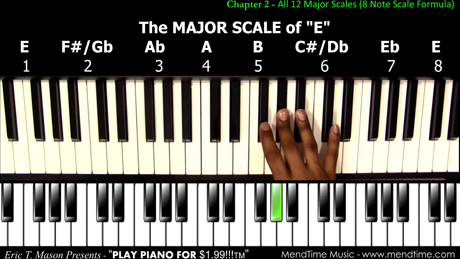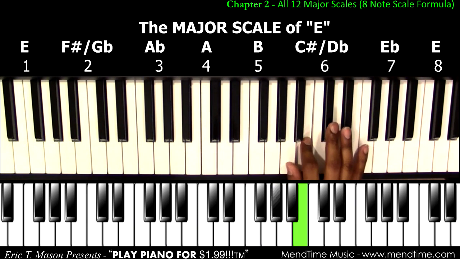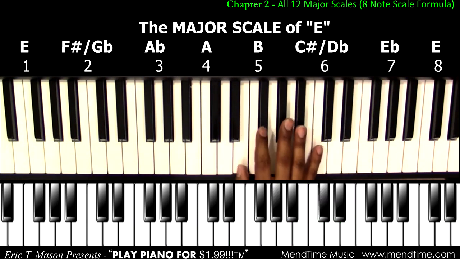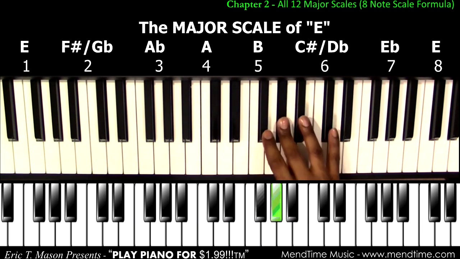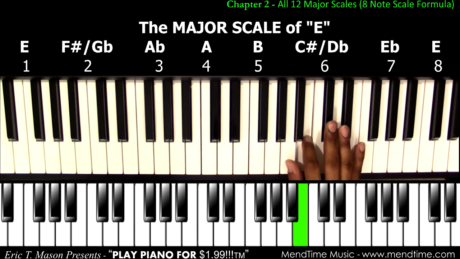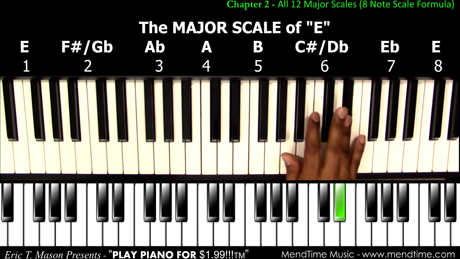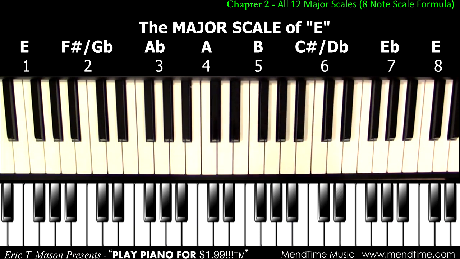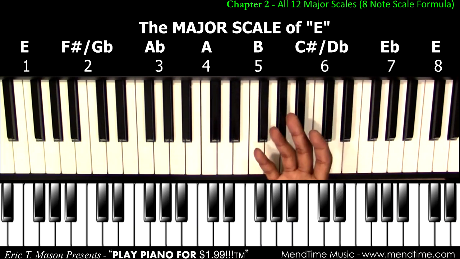Gotta slow down a little bit. So I'm gonna call out the notes now. Of course, calling out the notes takes a little bit more mental work. E, F sharp, G flat, G sharp, A flat, A, B, C sharp, D flat, D sharp, E flat, E. And don't be embarrassed if you call it by the wrong name to start.